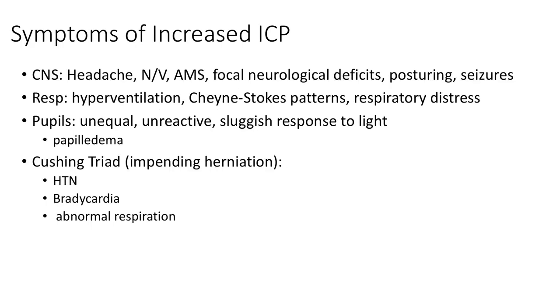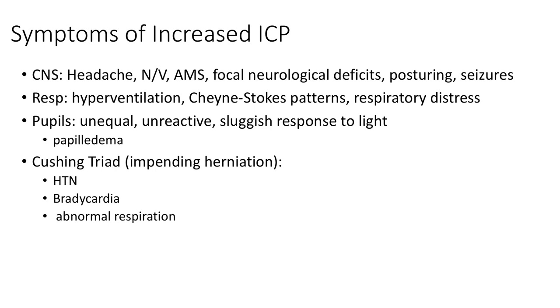Patients with increased intracranial pressure have the following symptoms: headache, nausea, vomiting, acute mental status changes, focal neurological deficits, and seizures, most commonly seen as a CNS symptom of increased ICP. Respiratory status changes, such as hyperventilation trying to keep your PaCO2 low, or changed breathing patterns, signs of respiratory distress, can also be a sign of increased intracranial pressure.